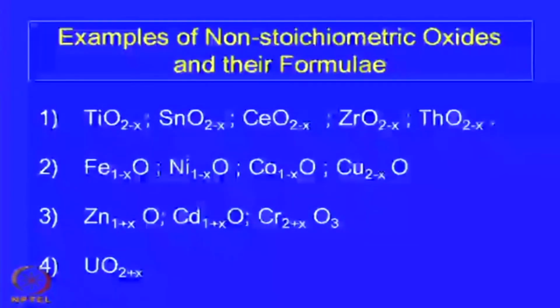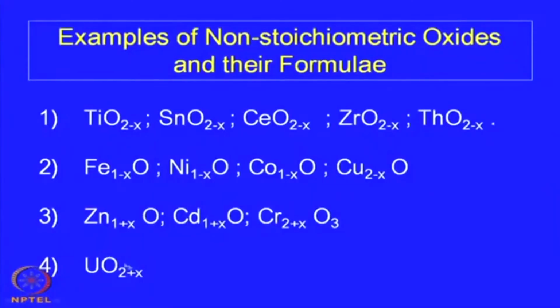Metal can go easily to the interstitial site, but for oxygen, going to the interstitial site is energetically not so favorable. But even then you have one example where oxygen does go into the interstitial site.